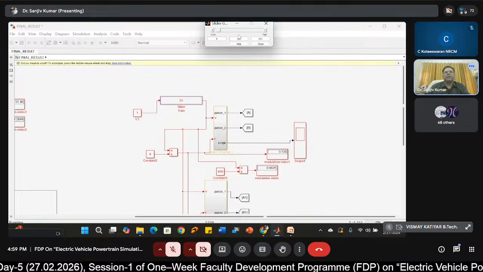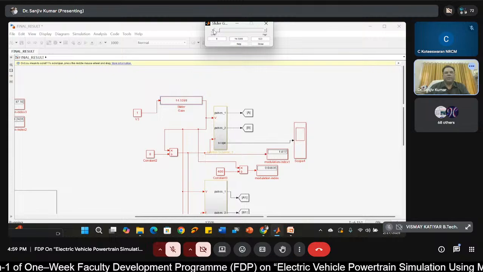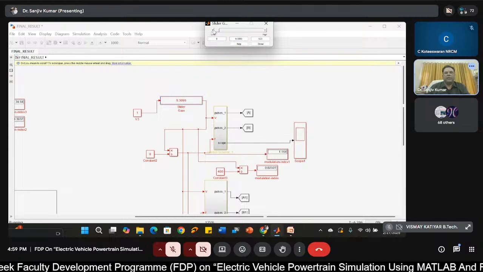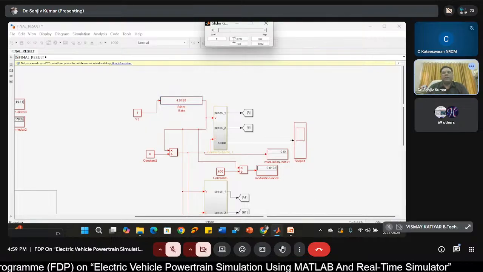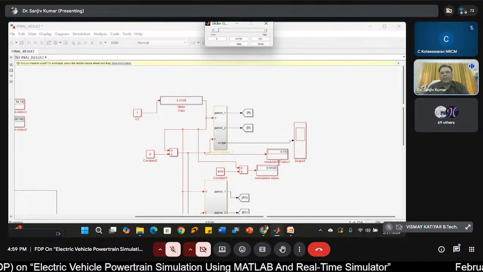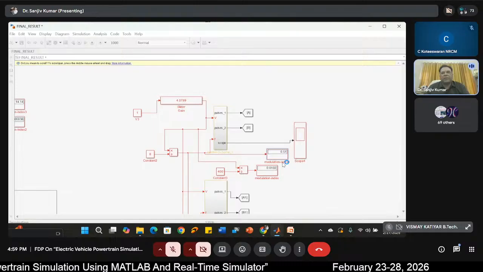Sorry, this is not the modulation index.